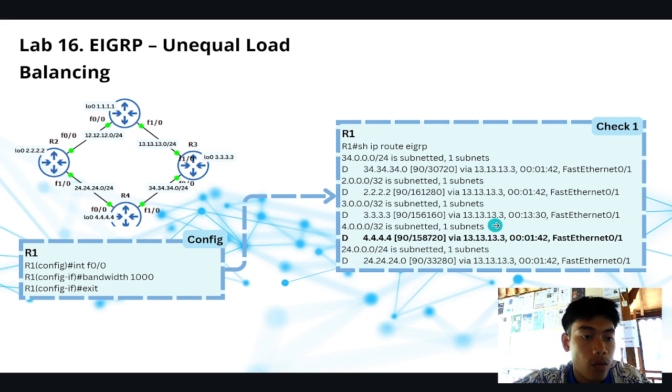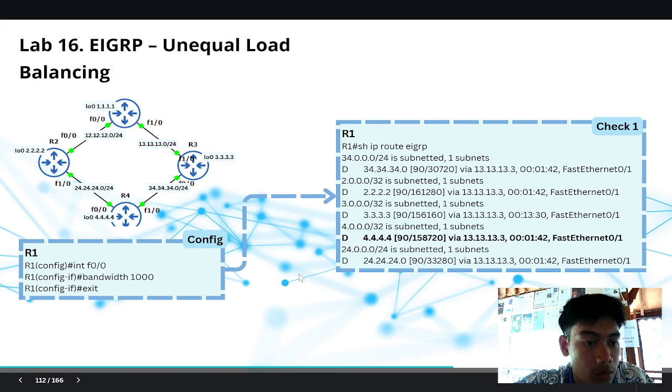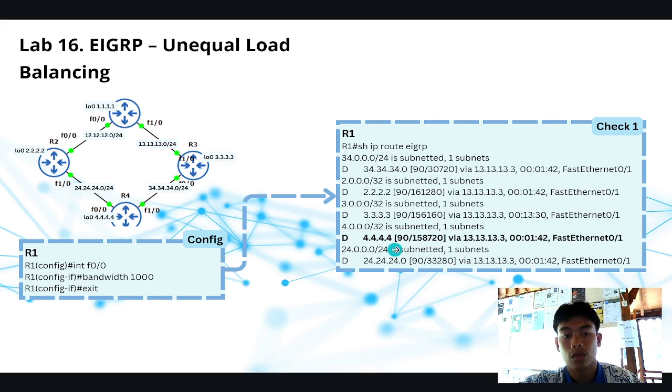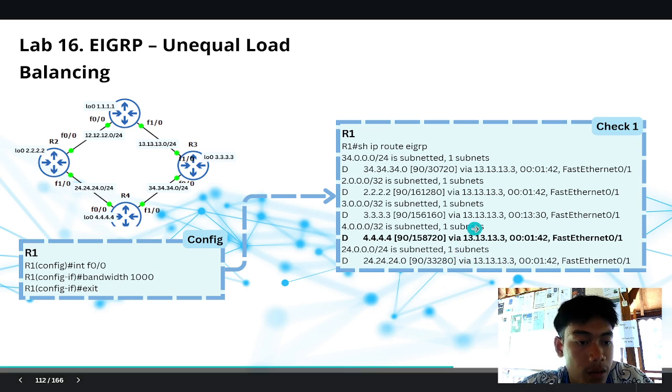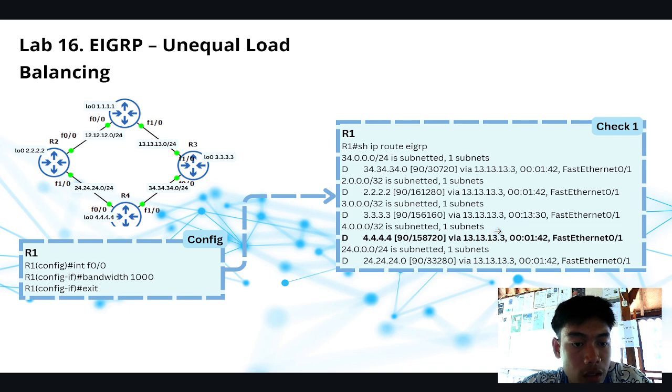By adjusting the bandwidth on router 1 toward router 2, we created a situation where router 1 has a primary path, router 1, 3, 4, with metric 158720, and an alternative path, router 1, 2, 4, with a different, higher metric. Since the costs are unequal, EIGRP does not automatically install both paths into the routing table.